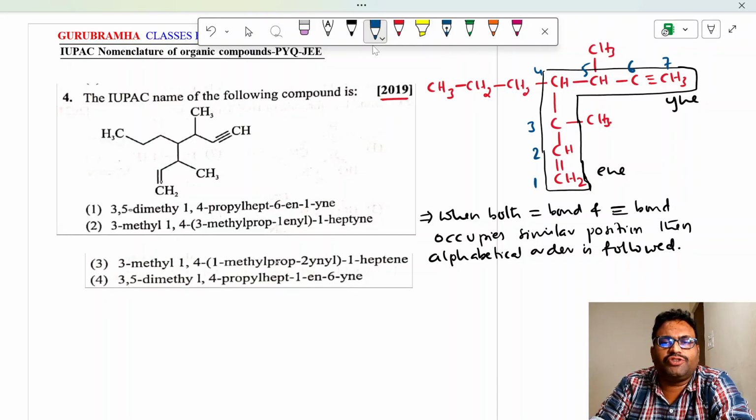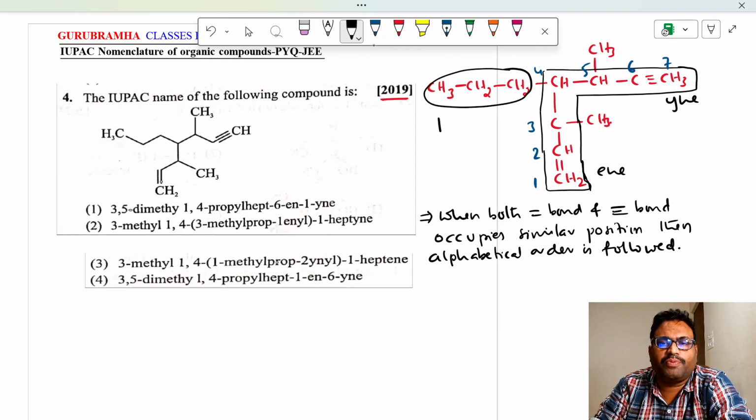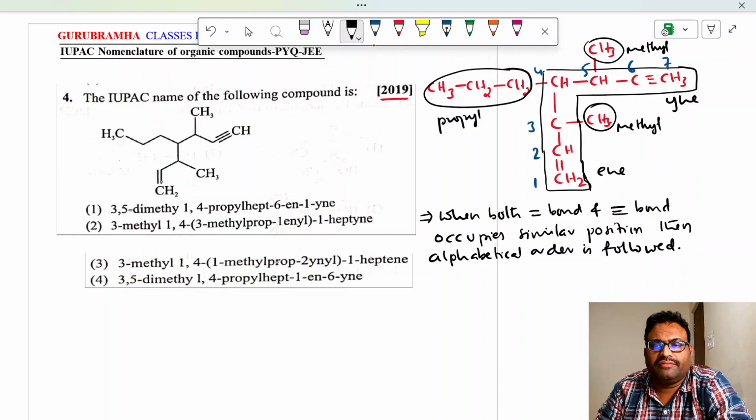Now, what are the substituents? This is one substituent. What is this? Propyl. This is another substituent. What is this? Methyl. This is another substituent. What is this? Methyl. These are present at the third position and fifth position, methyl, and the fourth position, propyl.